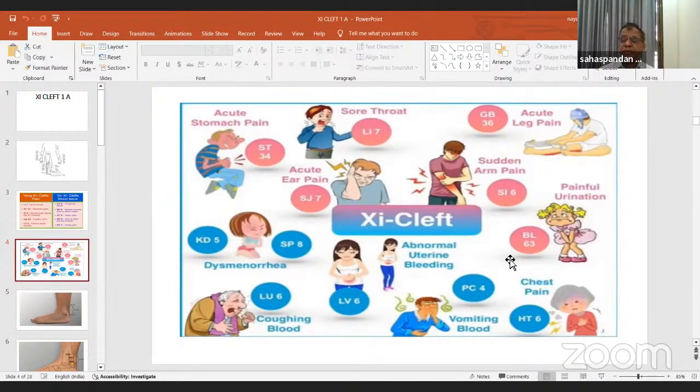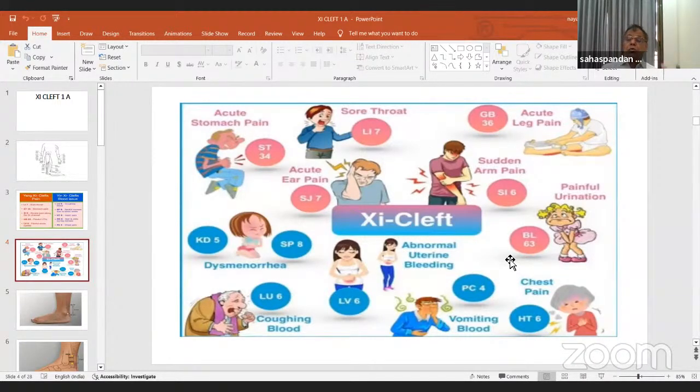And triple burner 7, Sanjiao 7, for pain in the arm, and useful in post-viral fatigue syndrome. When the viral infection is controlled but fatigue is there, apply triple burner 7.